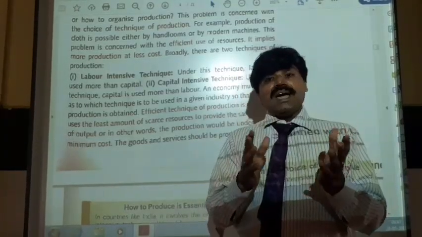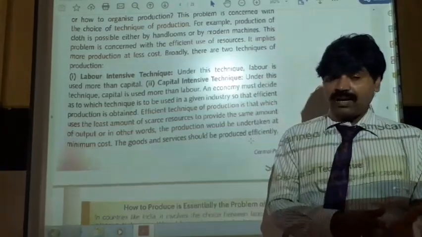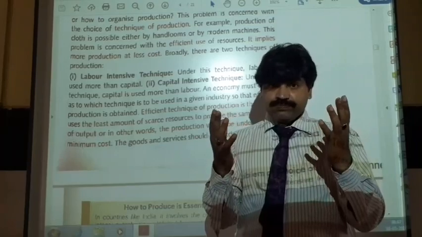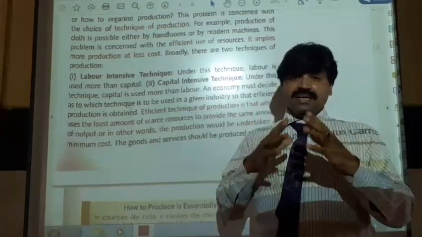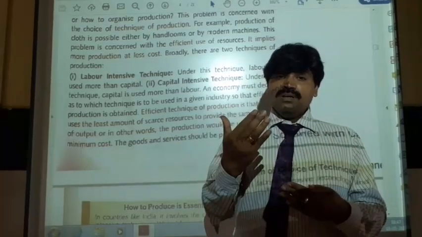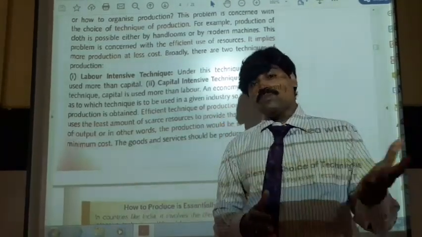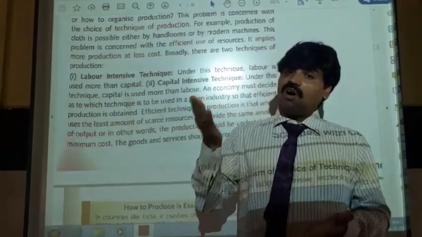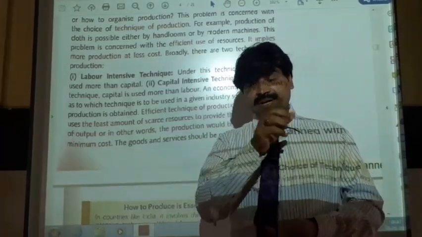So countries have to decide according to their labor force, population, income level and capacity what techniques should be adopted for the production of goods and services, whether labor intensive or capital intensive.